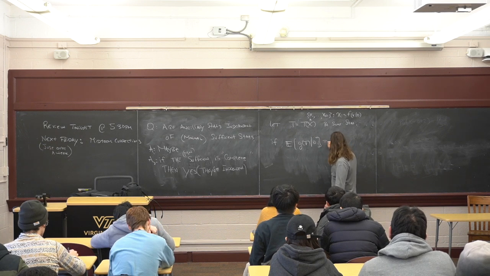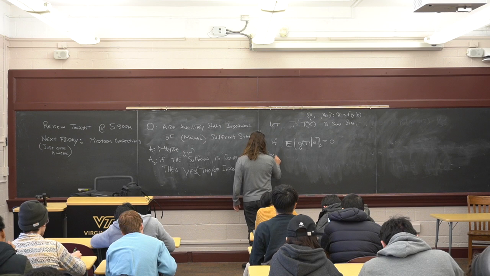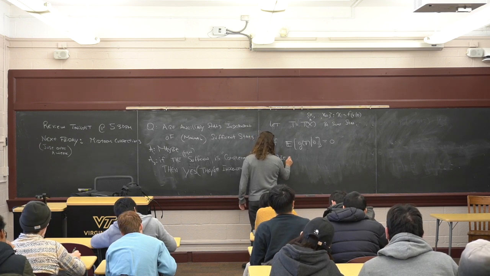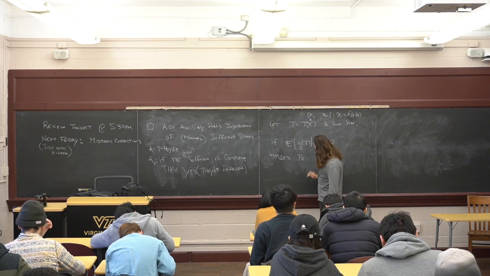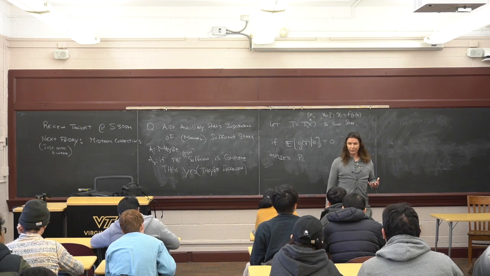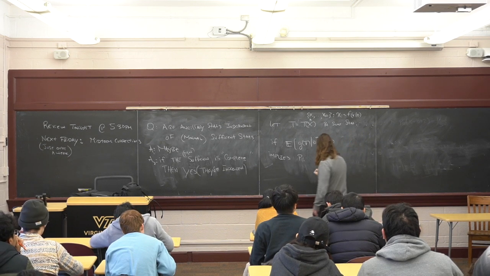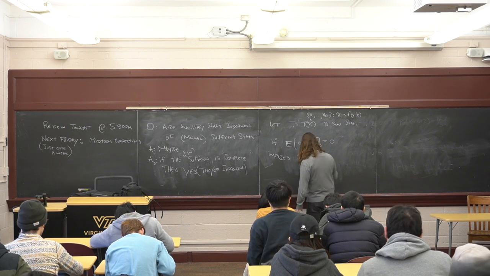So if this is equal to 0, this implies that the probability, or I should say p if it's a density function. If it were a mass function, I would say probability p of g(T) is equal to 0.